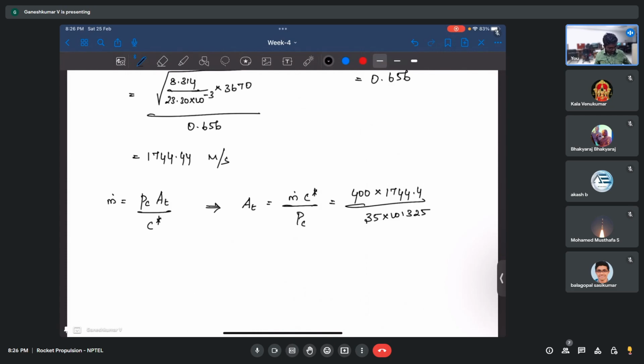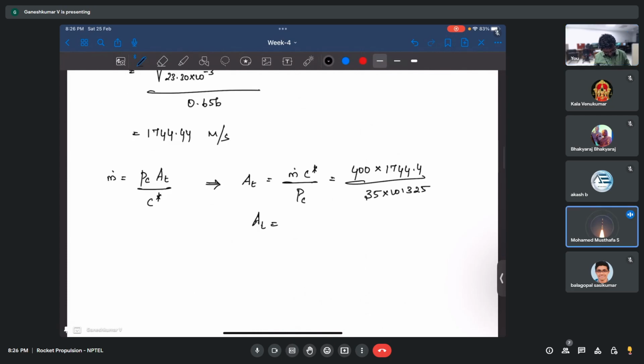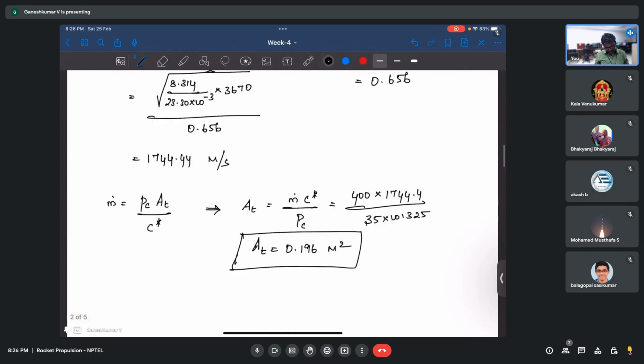The area of the throat is, sir, 0.196 square meters.